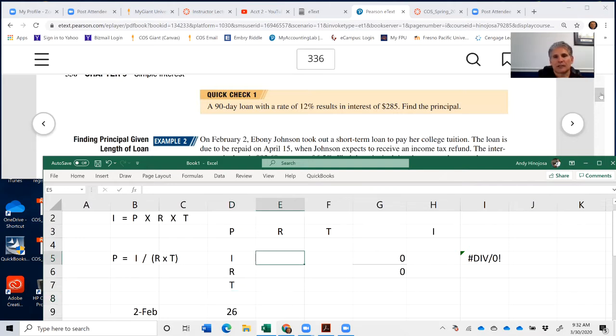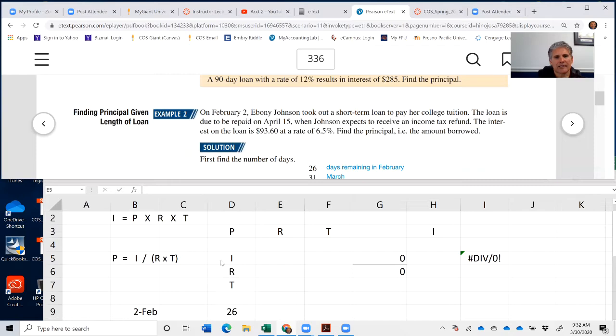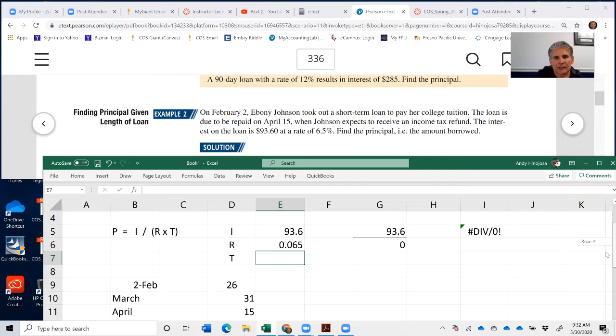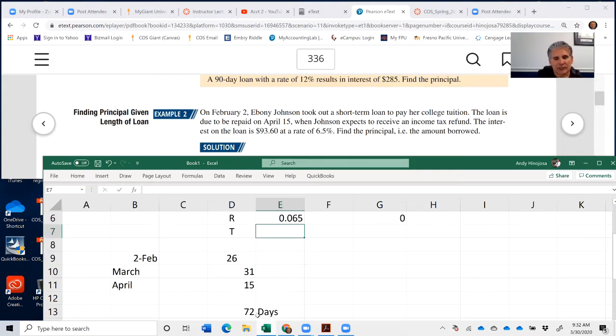In the problem, it gives us I, the interest amount, $93.60. The rate, 6.5%, 0.065. The T, well, we figured out the number of days. We'll scroll down here again just to make sure we got it. 72 days.